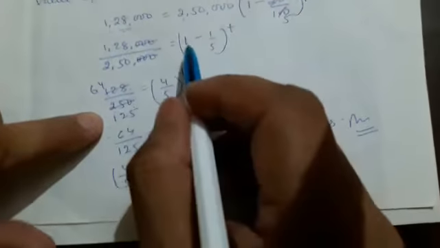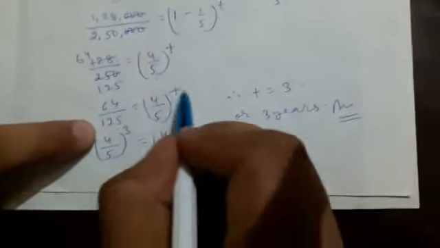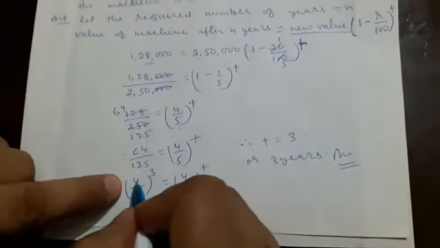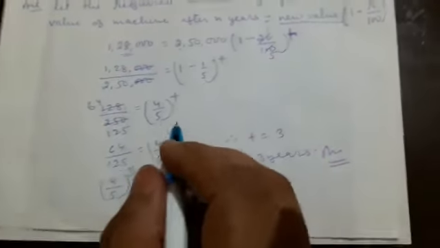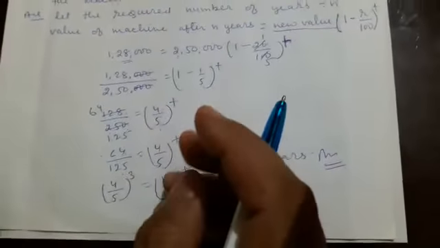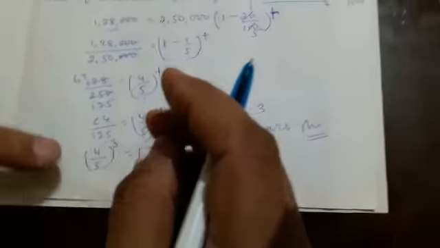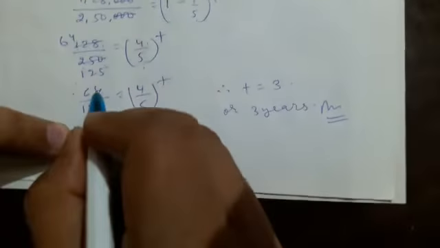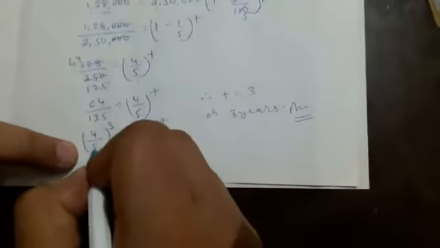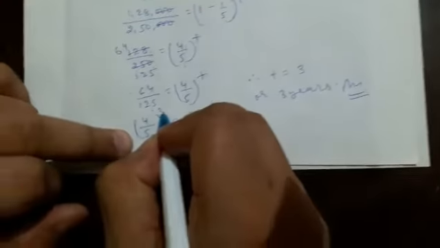Now, 64 upon 125 is equal to 4 by 5 power t. For 64, after prime factorization, how many times will 4 come? 4 fours are 16, 16 fours are 64. So 4 power 3 is equal to 64, and here 5 power 3 is also equal to 125.